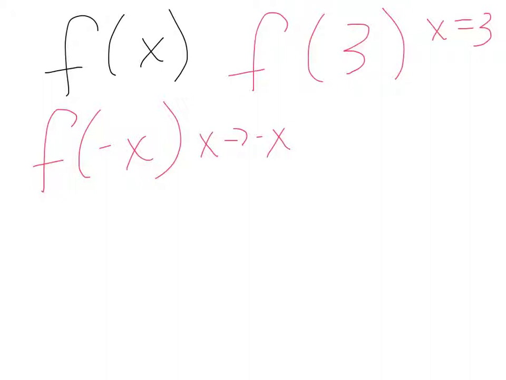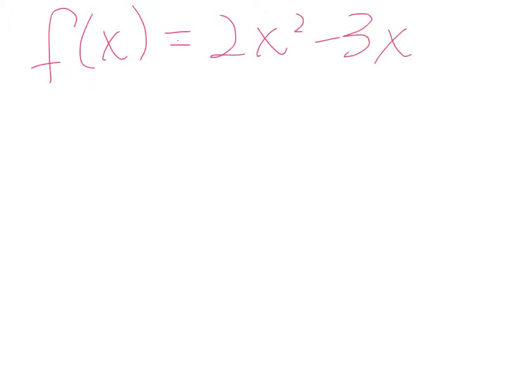Now, let's say you have a function defined as f of x equals 2x squared minus 3x, and you were asked to evaluate it at, let's say, f of x plus f of 3.